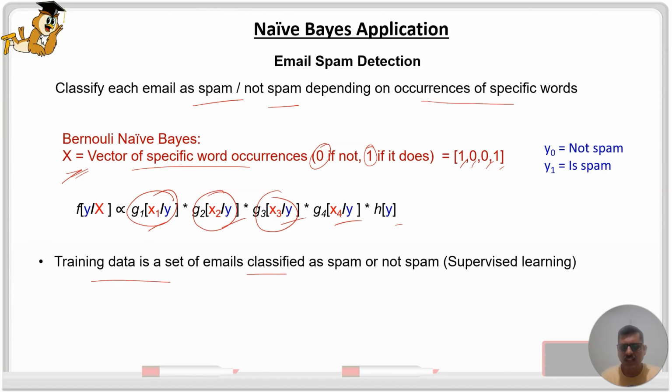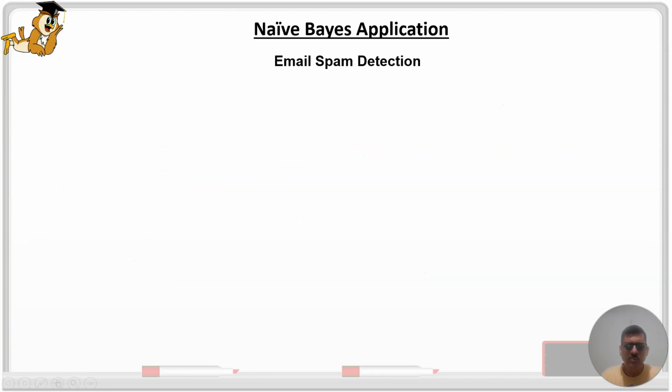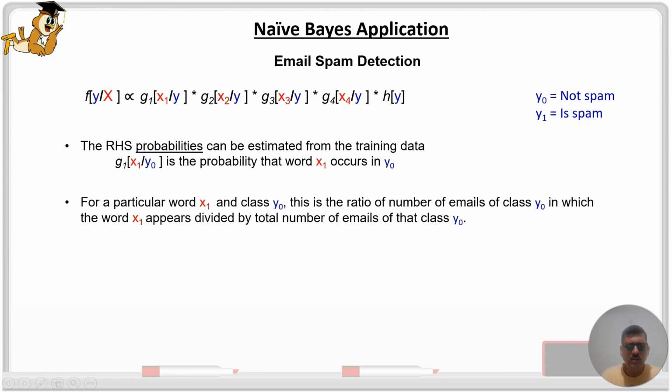The training data is a set of emails classified as spam or not spam. How are you going to determine G1, G2, G3, etc.? Well, by simply counting. So you want G1 of x1 given y0 and x1 given y1, so on and so forth.